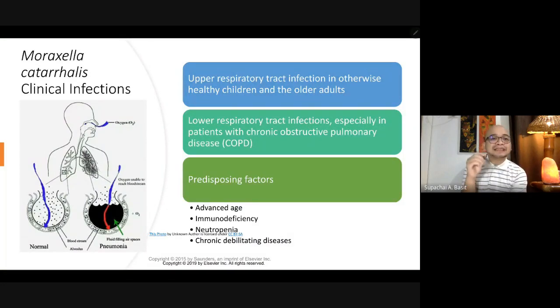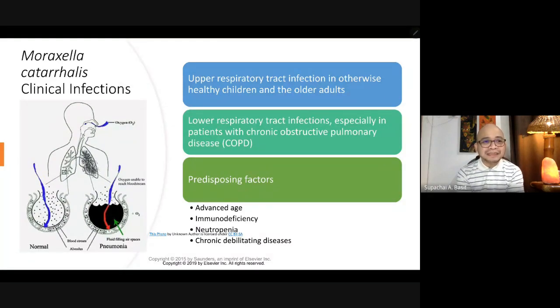Okay, so it is considered as the upper respiratory tract infection in otherwise healthy children and older adults. And so also, aside from upper respiratory tract, lower respiratory tract infections are also seen, especially in patients with COPD, or yung tinatawag natin chronic obstructive pulmonary disease.